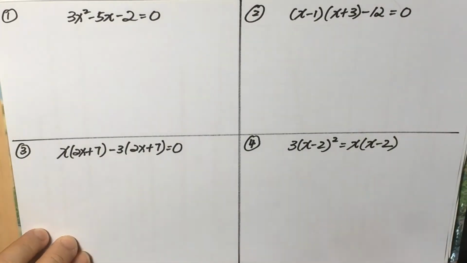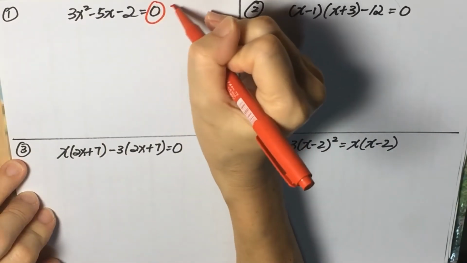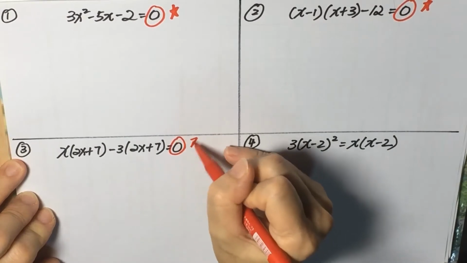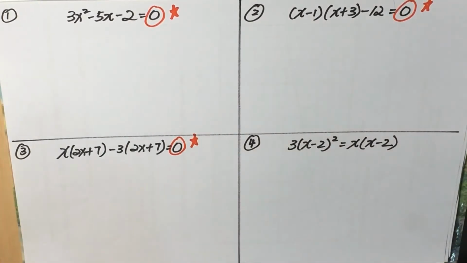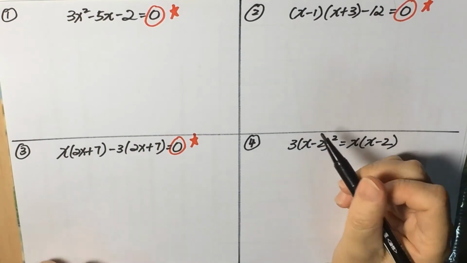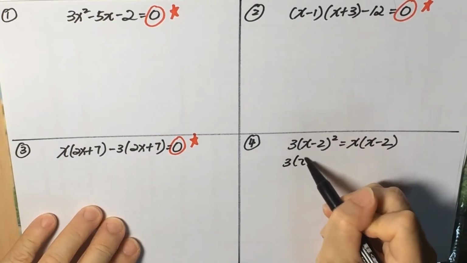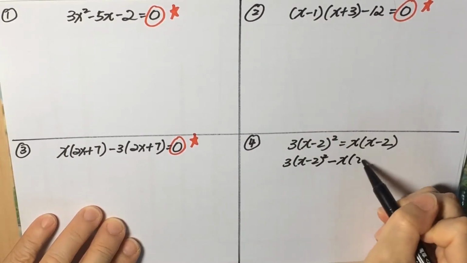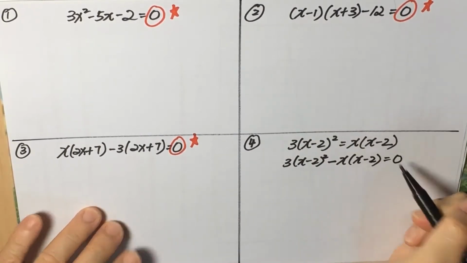Okay, now we do the skill check for the questions, the first 4 questions. Check that one side of the equation is 0. This one is not, so I'm going to bring over 3x minus 2 squared x minus 2 equals 0.